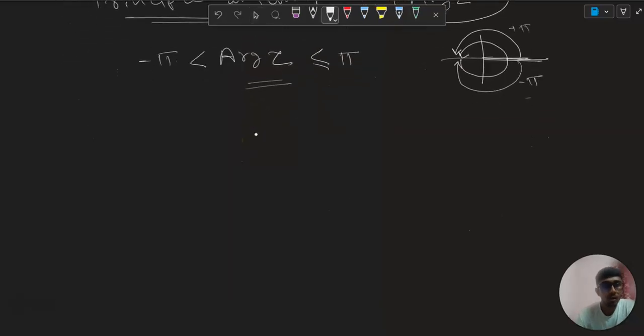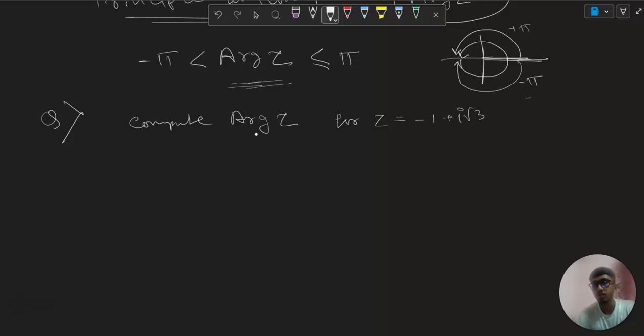So quickly, let's go through some examples to compute this principal argument of z. Compute capital Arg of z for z equal to minus 1 plus i root 3, and z equal to minus 5i.